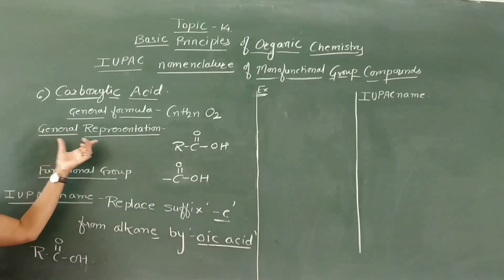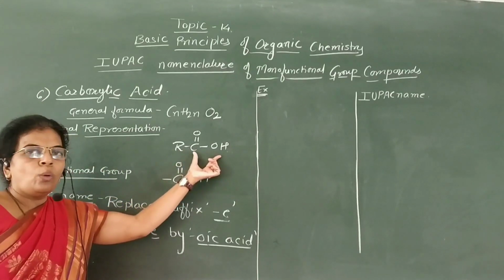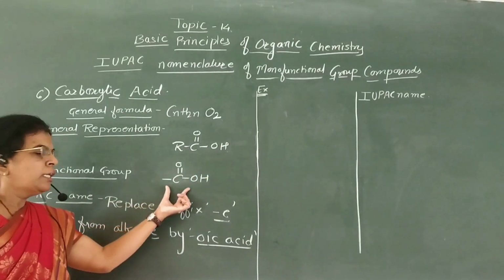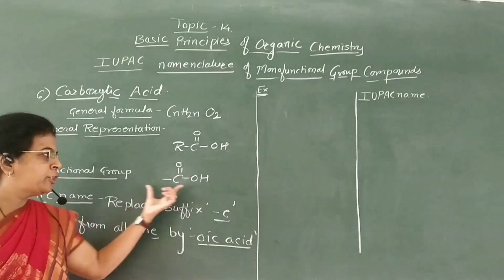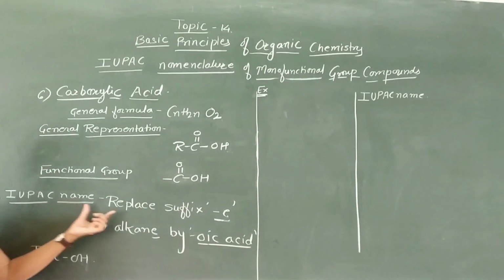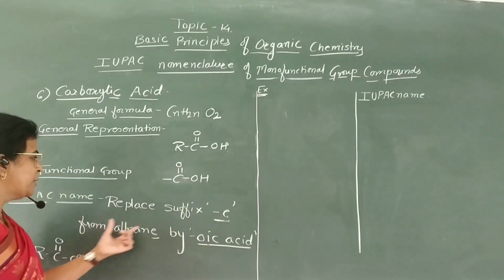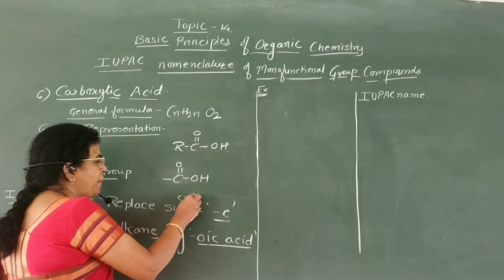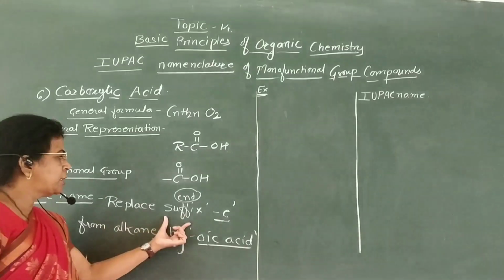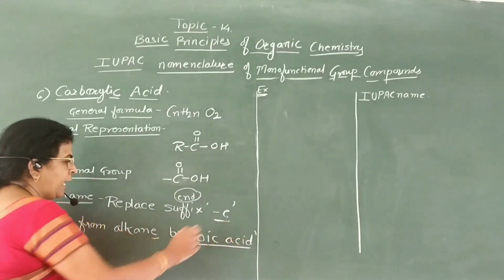The general representation of carboxylic acid is RCOOH, and the functional group of carboxylic acid is COOH. For IUPAC nomenclature, replace the suffix e from the alkane. Suffix means end and prefix means starting. Replace the suffix e from the alkane by oic acid.